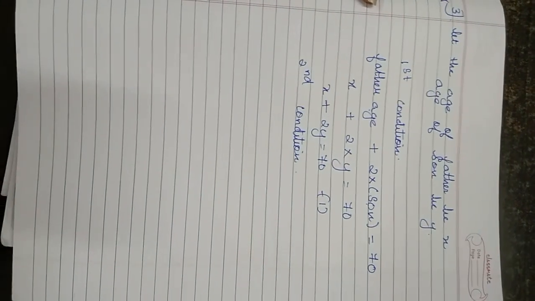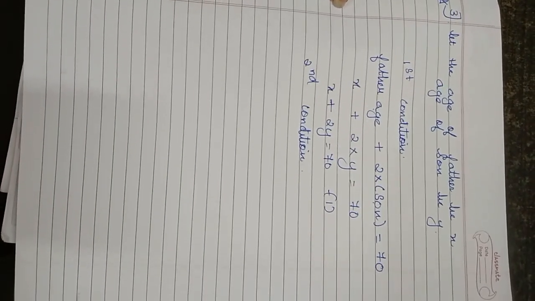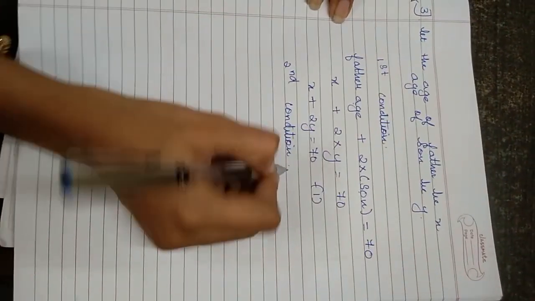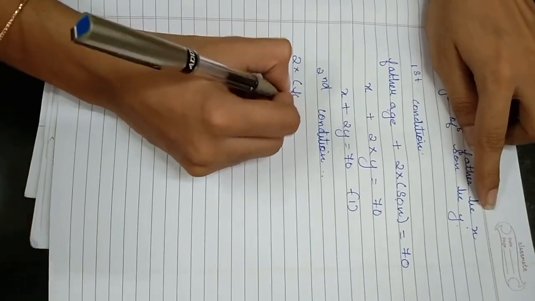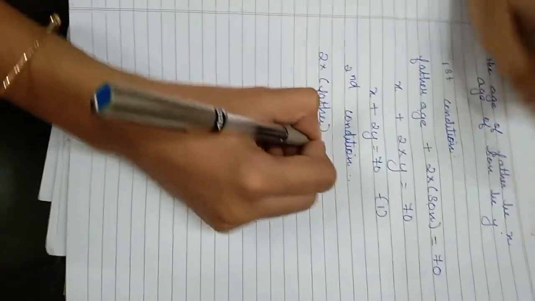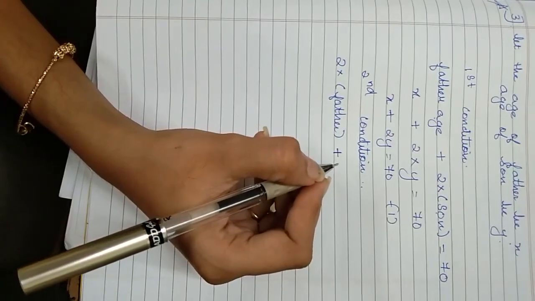Now second condition, if we double the age of father and add it to the age of his son, the sum is 95. Double the age of father means 2 times father's age, and add means plus to the age of his son.